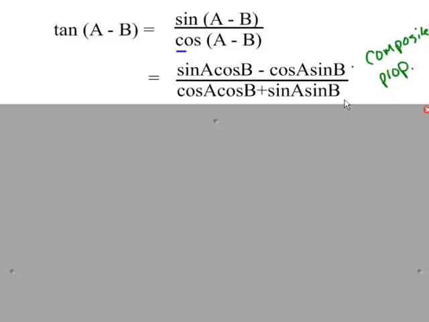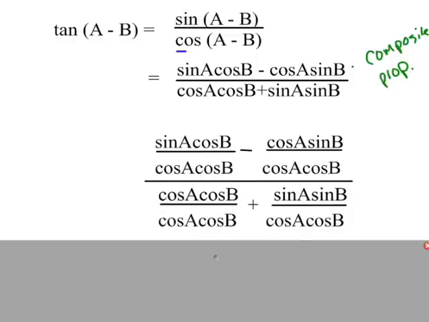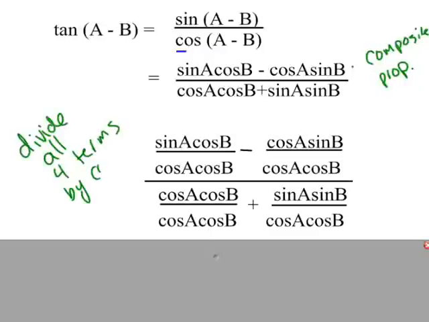Okay. Then what we're going to do is we're going to get a little creative, and we are going to divide everything by cosine a cosine b. So divide all four terms by cosine a cosine b.